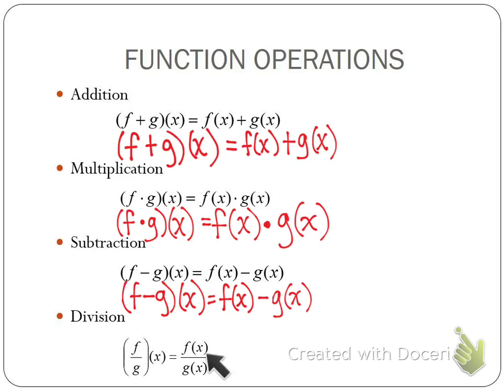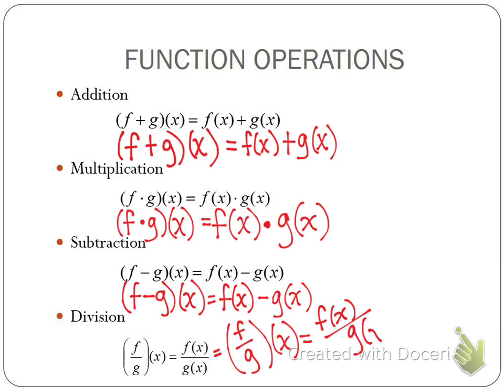We have to be careful about what order we subtract and we divide. So here we have f over g of x, and that is equal to f of x divided by g of x. Okay, this will make a little bit more sense when we actually have functions to plug in instead of just the f's and g's. But this is how we define our function operations.